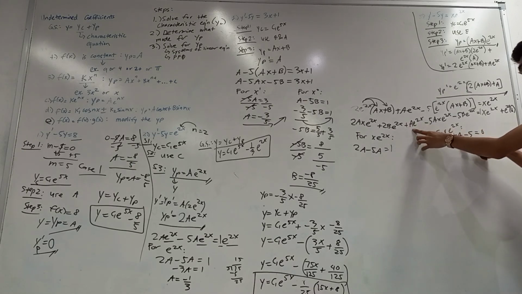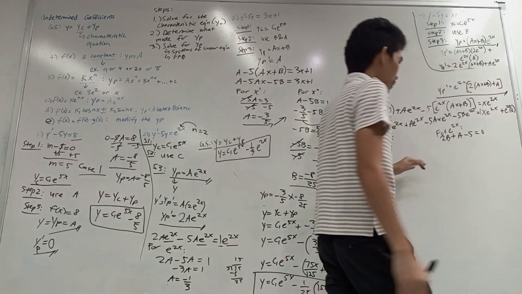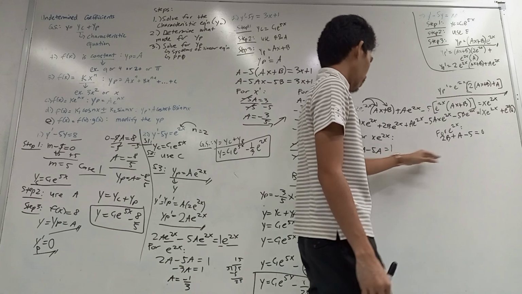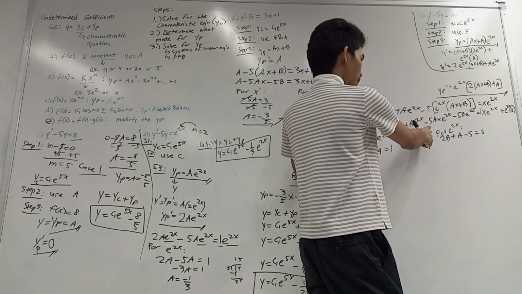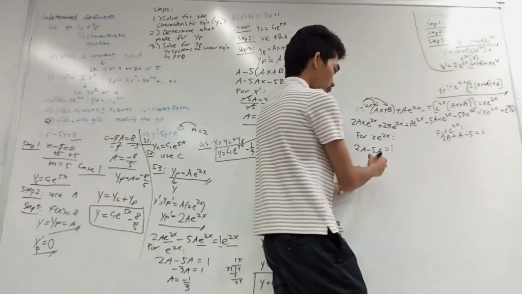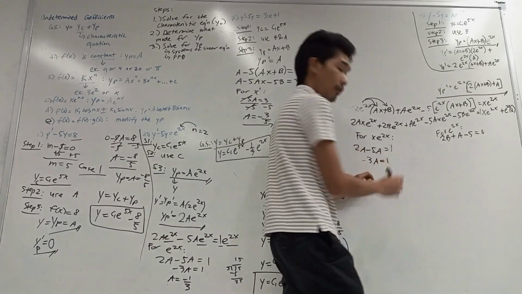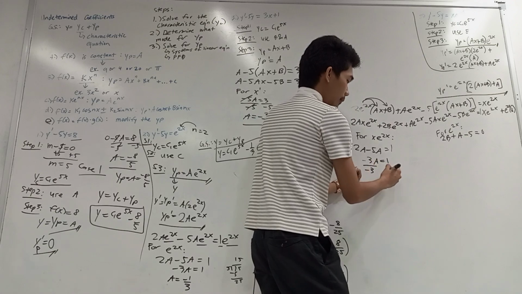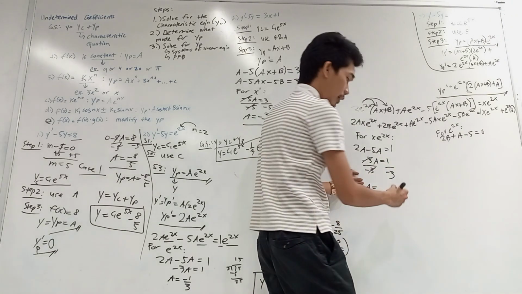Paano siya i-solve? Makita natin ang 2a and 2a and then 5a. So, mas-simplify natin ito, which is negative 3a equals to 1. Divide both sides ng negative 3. A is equals to negative 1/3.